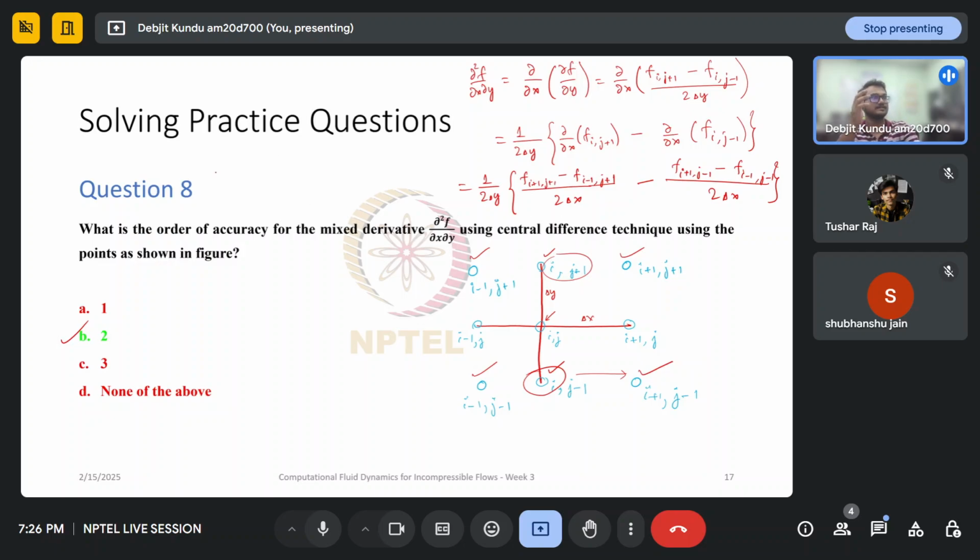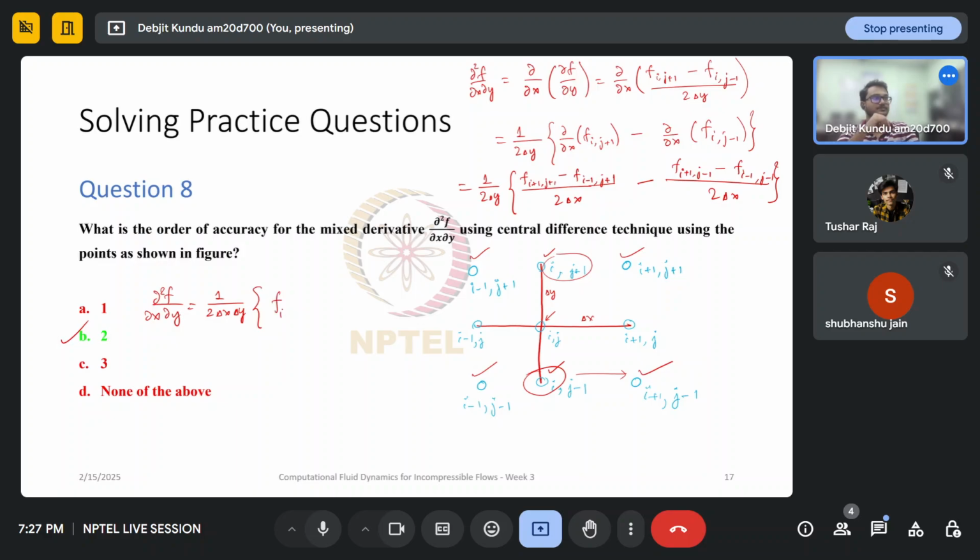We can simplify this and give it a neater look. I will take this 2 delta x, delta y outside and figure out the proper signs.